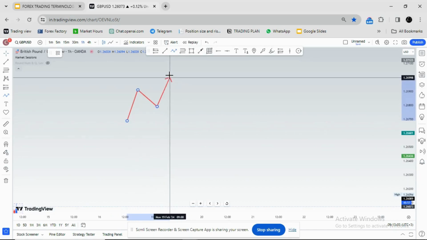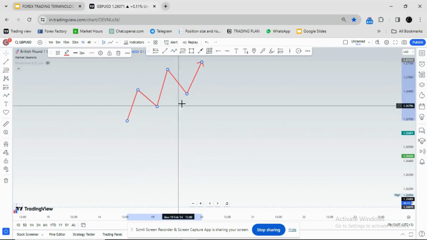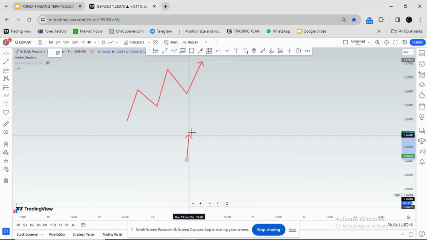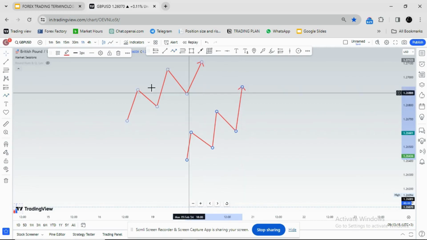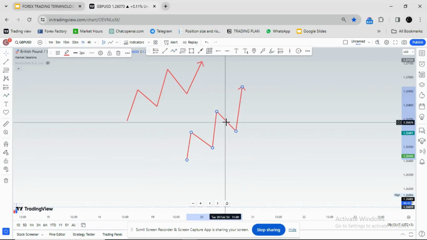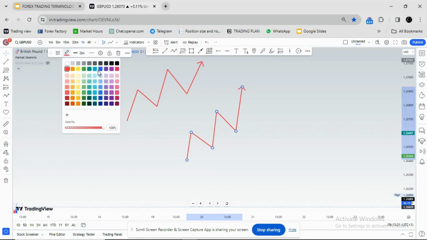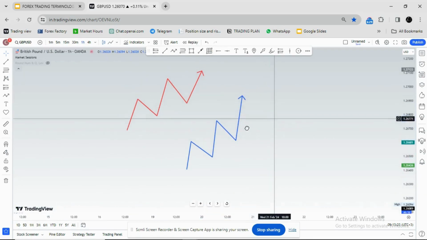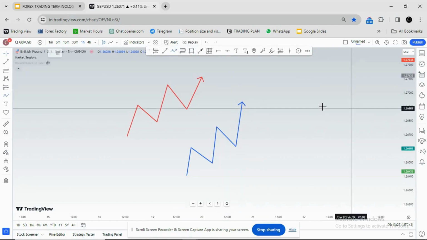When one pair is moving, it's bullish, and by bullish we mean it's buying, right? It's on an uptrend. Then the other one is going to also be on an uptrend. So those are pairs that are positively correlated. See, the first one is on an uptrend, but the second one is also on an uptrend. See, these are positively correlated.